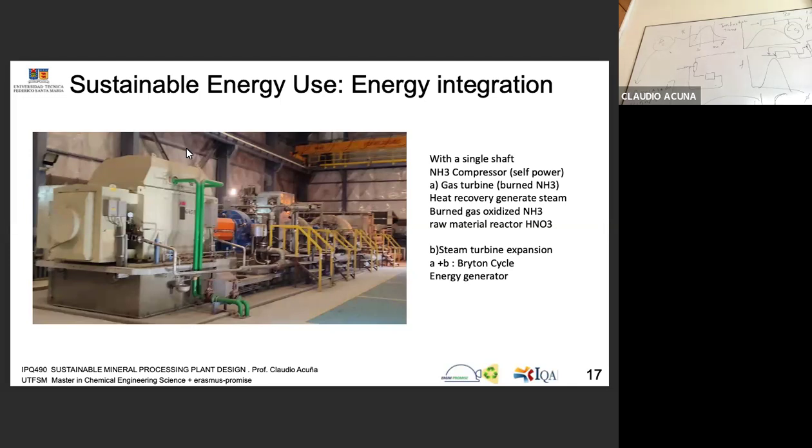Ammonia can be converted in a turbine, like CH4, like methane. By 2025 in Japan, Mitsubishi will start an industrial plant to produce electricity.